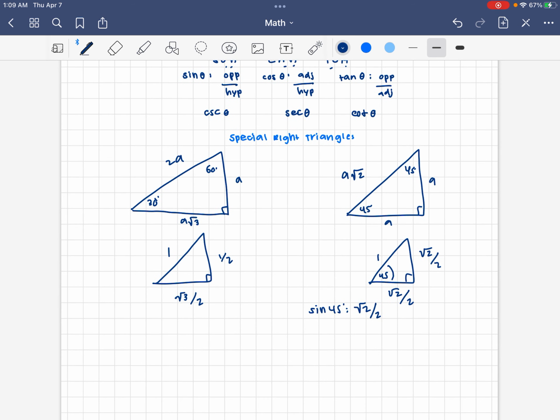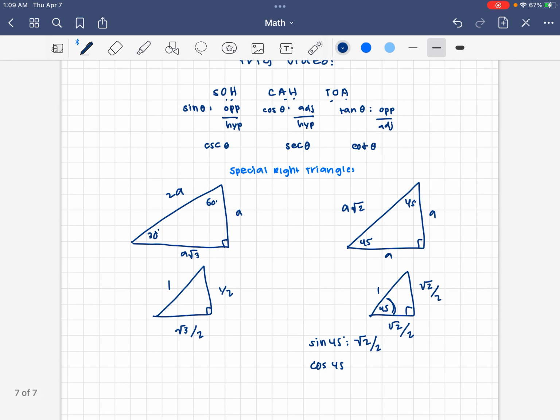And then cosine 45: the angle is there, and you have adjacent over hypotenuse. This one is adjacent and this is the hypotenuse, so it's the same thing.